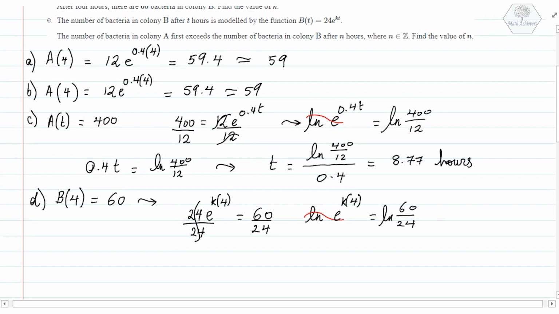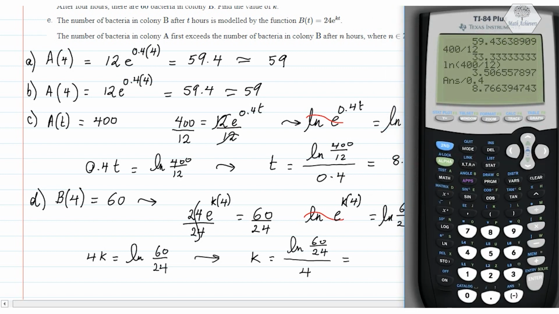To continue, now I'm having 4k is equal to ln 60 over 24. To find k, I divide by 4, so k is equal to ln 60 over 24, all of this value over 4.